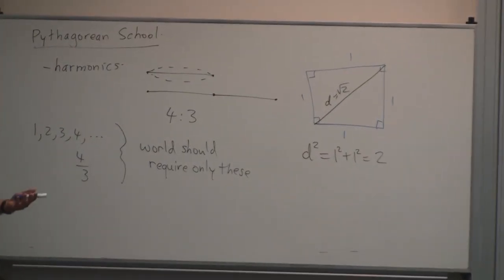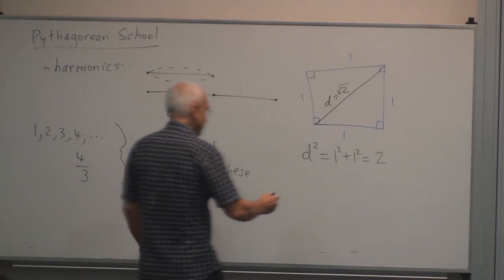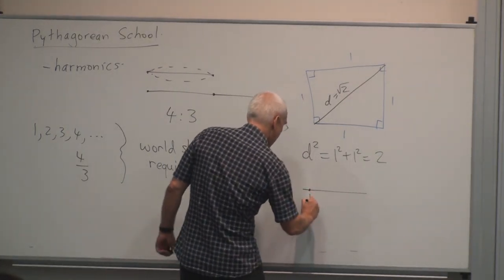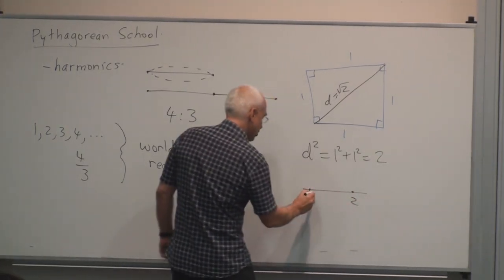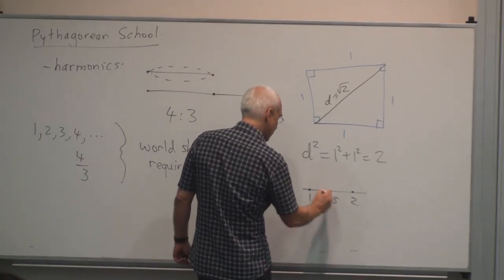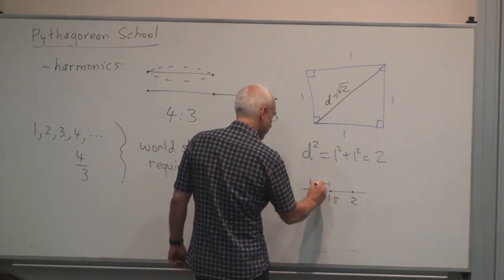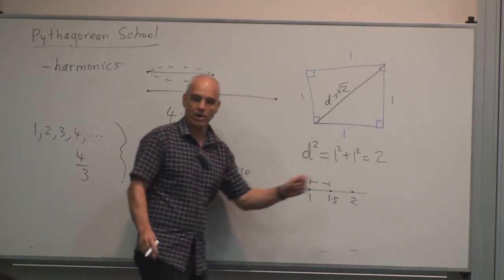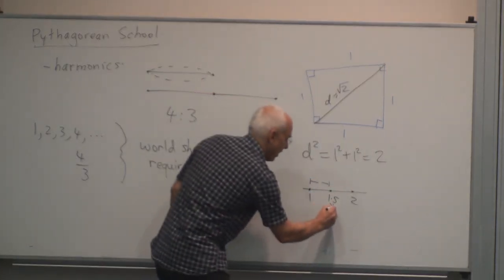So from their point of view, well, what number squared gives you 2? Well, where is d? If that's 1 and that's 2, then d should be bigger than 1 but less than 2. And it's not too hard to see that it's got to be somewhere between 1 and 1.5, 1.5 being 3/2.